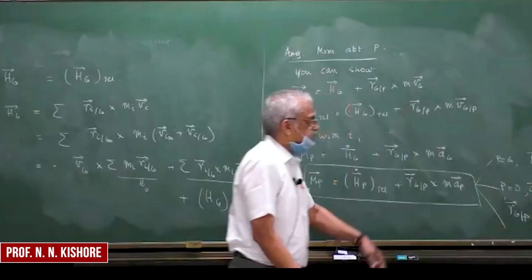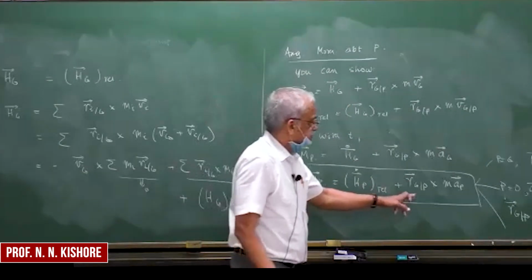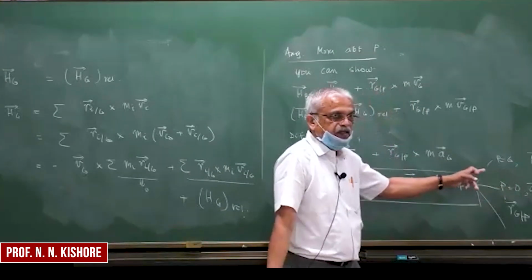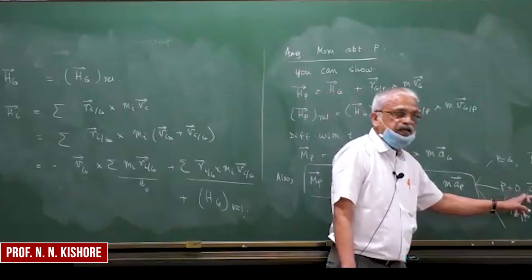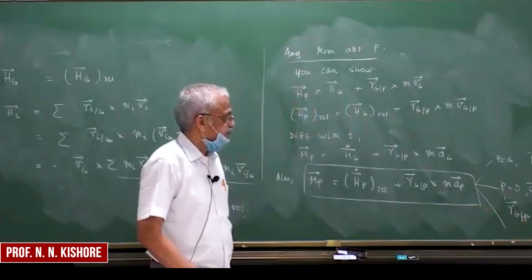So on 3 occasions MP will become HP rel: P itself is G, or P is origin, or RGP is parallel to AP, right?